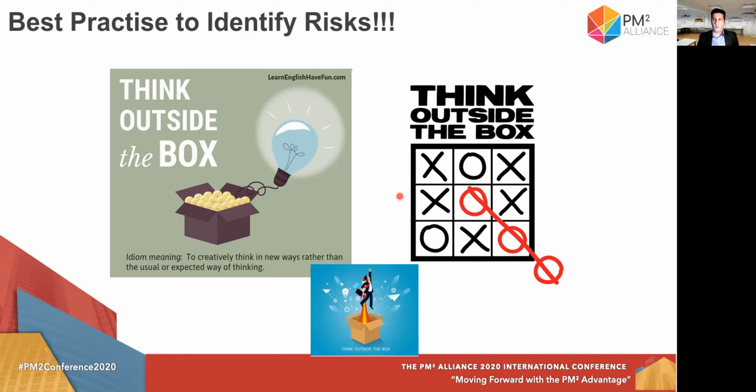You will not have the perfect solution hiding inside the box. You have to look outside this box, and of course inside your project. Try to imagine, be creative, and figure out what might go wrong, but also what might go right. You have to identify as many threats as opportunities.